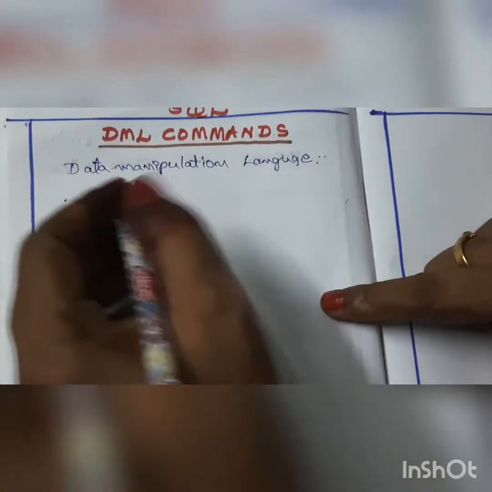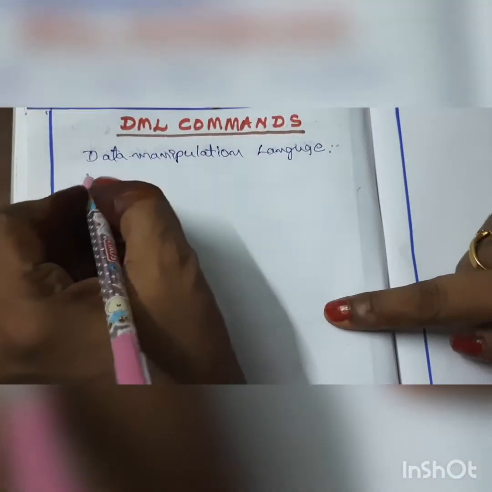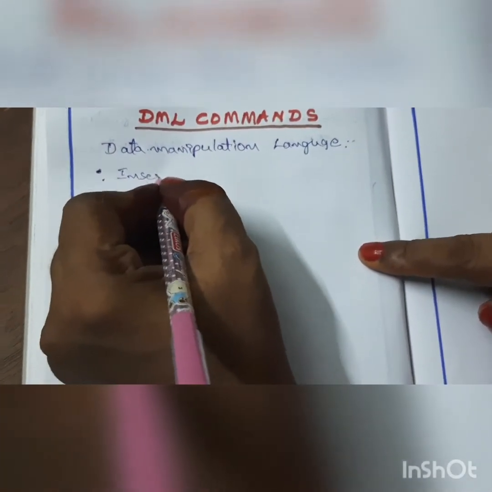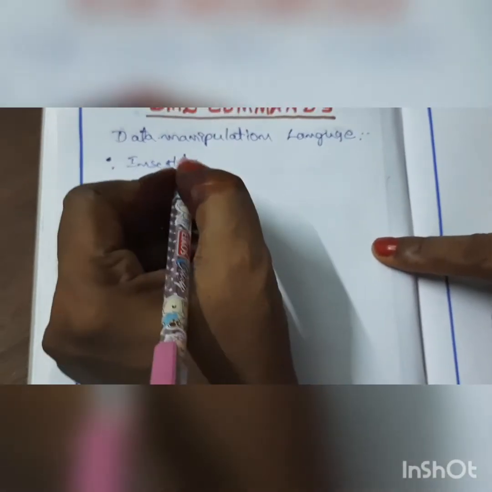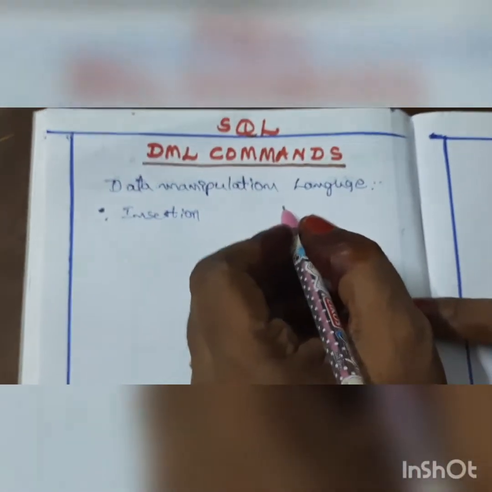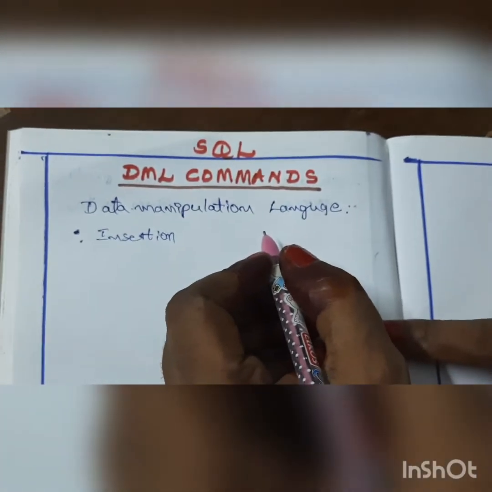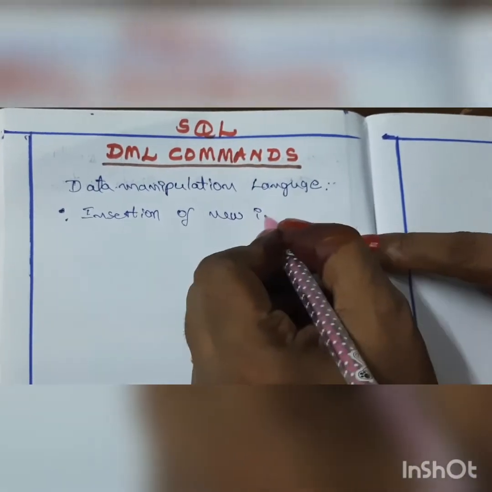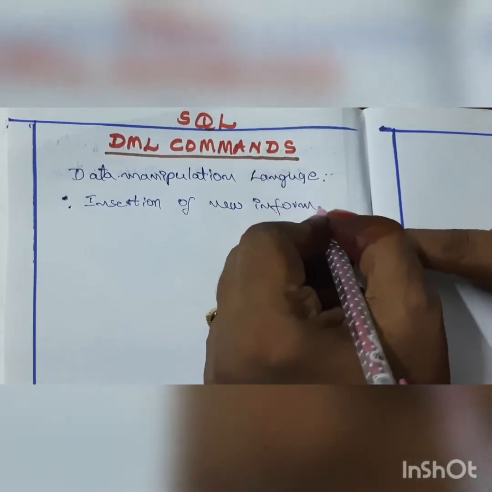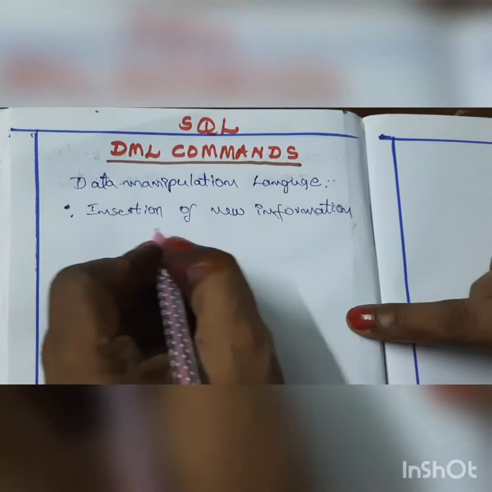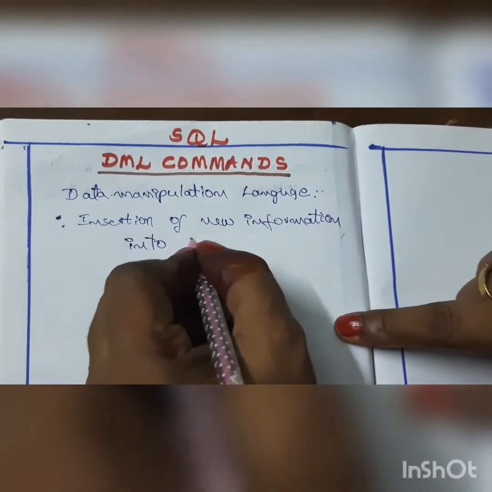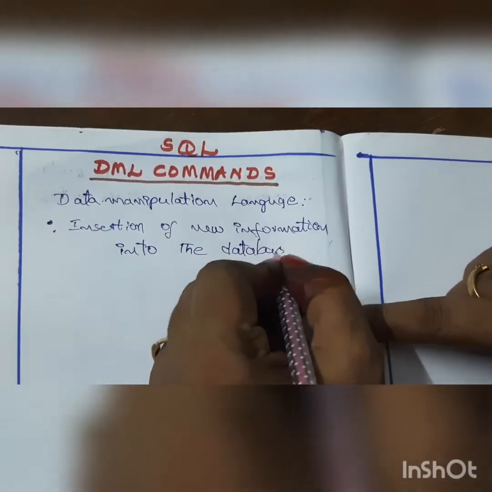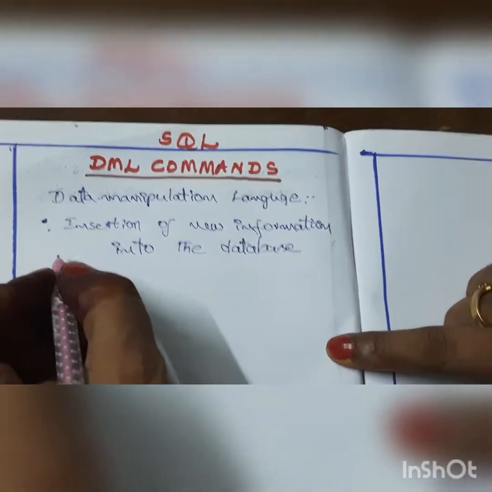Various DML commands are: first one, insertion. The insertion command is used to insert new information or data into the database. Second one, deletion.